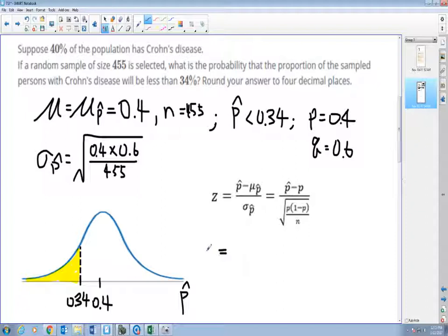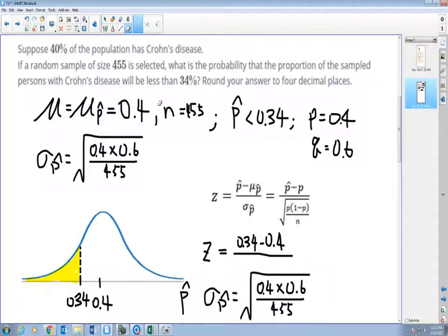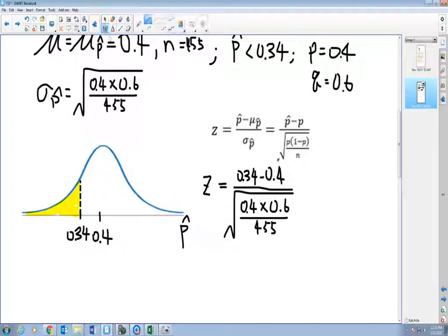So my z-score will be my p hat, which is 34%, minus the population proportion 0.4, divided by the standard deviation of the p hat, which I already wrote right here, so I'm going to copy and paste it and rewrite it again. Put it right there. All right, we're gonna round to 2 decimal places.